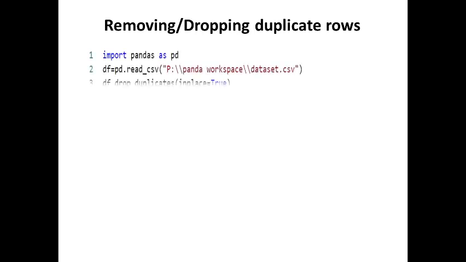Now let's remove duplicate rows. So to do that we need to use function named drop underscore duplicates, and then we need to pass parameter inplace equals to true. In last lecture we have discussed the purpose of using inplace. When we use inplace parameter and we write true, that means we are going to change existing data frame. This function will change the original data frame, that is df. So from df it will delete all duplicate rows, right?